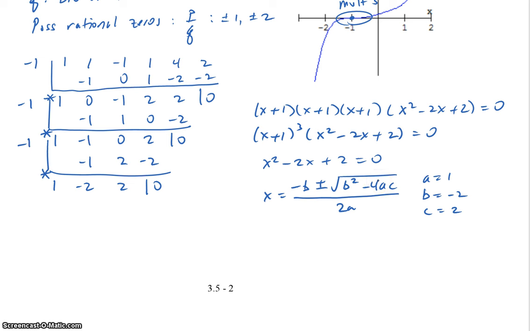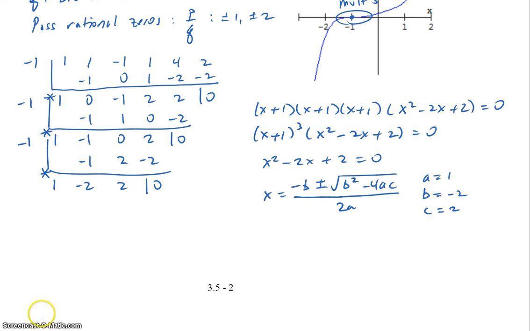Let's plug those values in. All right, so x would be minus b, which is 2, plus or minus the square root of b squared, -2 squared is 4, minus 4 times a times c, which is 2.